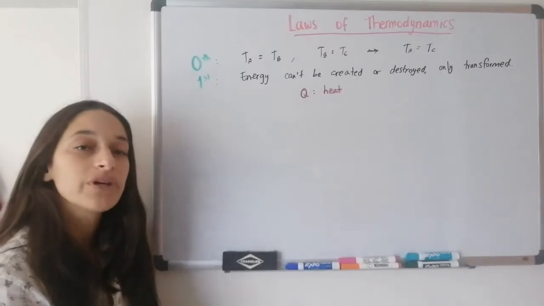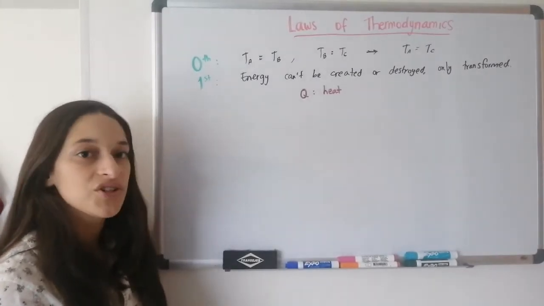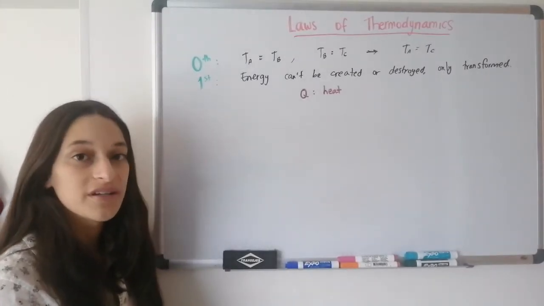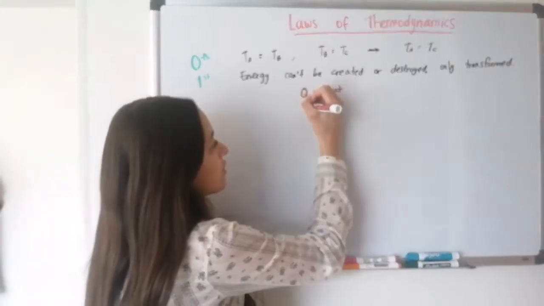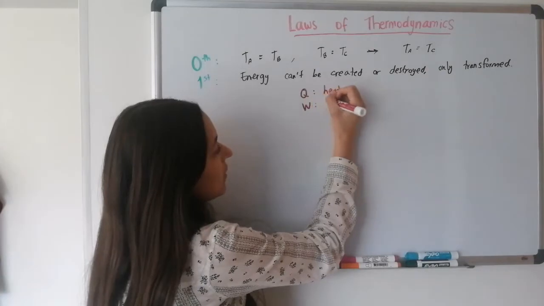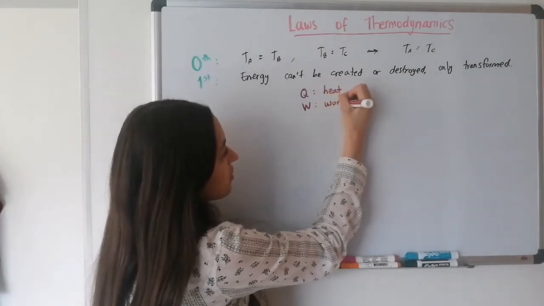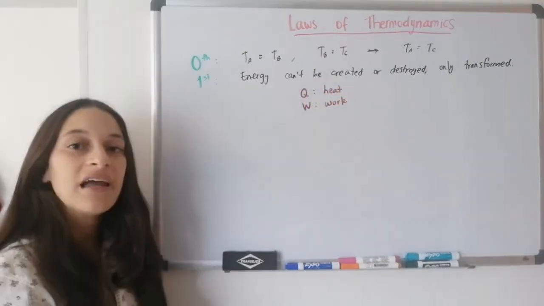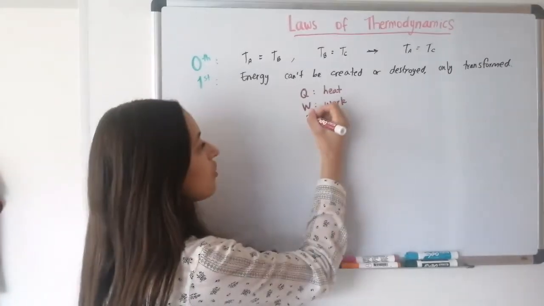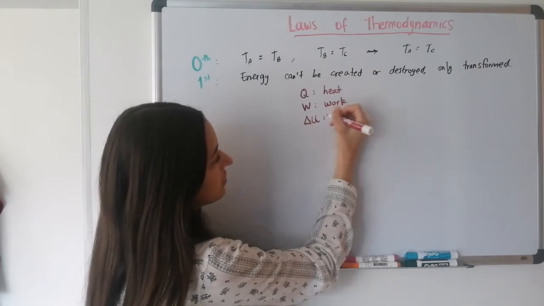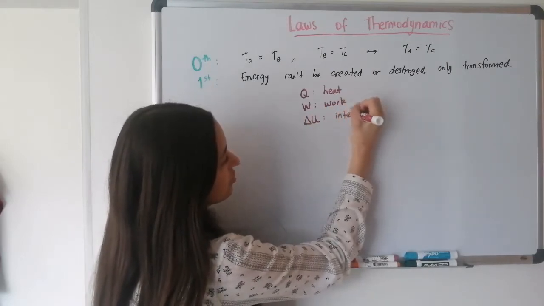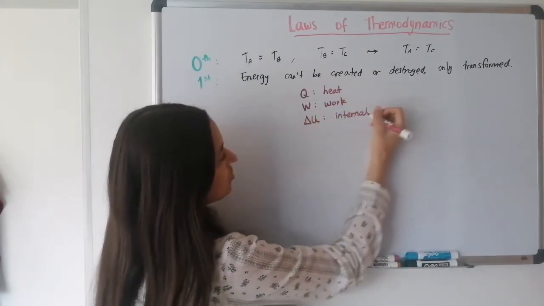There's something else that we looked at last year at the end of the year, which was work. It's this type of energy that moves things, right? So W is work. You guys know about it. And there's another concept called internal energy, and we call its change delta U. This is the change in internal energy.